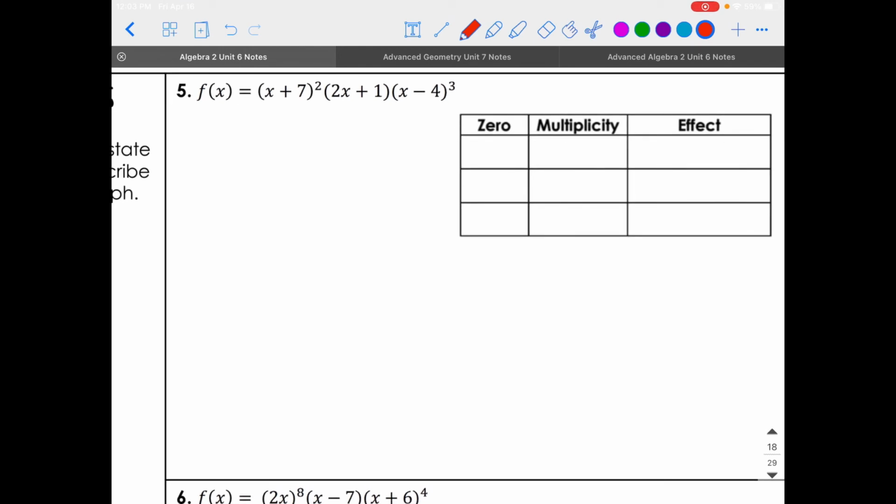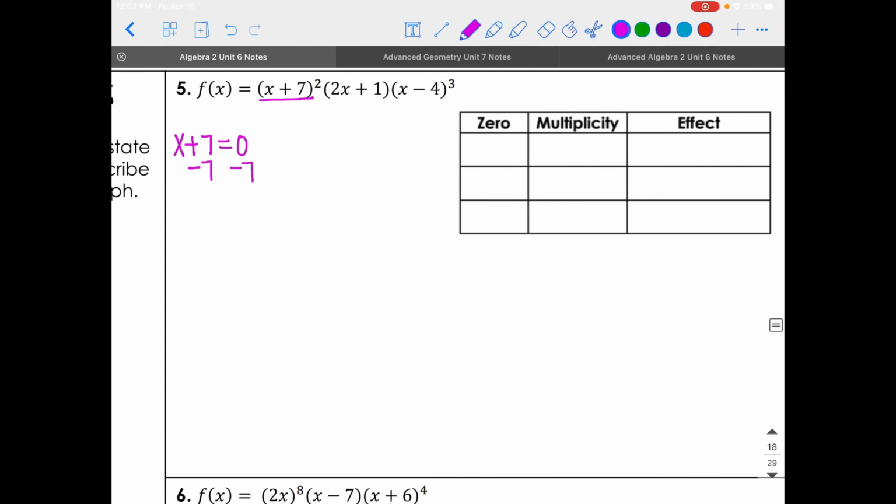So let's practice this. What we're going to do is find the 0, or the x-intercept. We're going to list the multiplicity, and then we're going to tell, does it bounce or does it cross? All right, so let's look here. x plus 7 equals 0. And then we subtract 7 from both sides to get x equals -7.